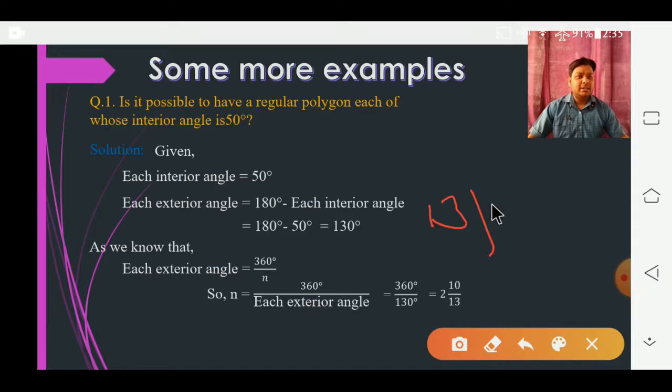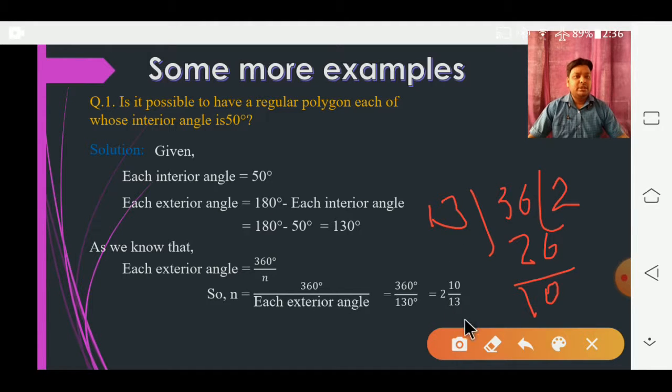If we divide 36 by 13, what do we get? 13 twos are 26, and 13 threes are 39, so we cannot take 3 times. Then 10 is the remainder. So we write the quotient in the middle, the remainder in the numerator and the divisor in the denominator, like this: 2 and 10 by 13.